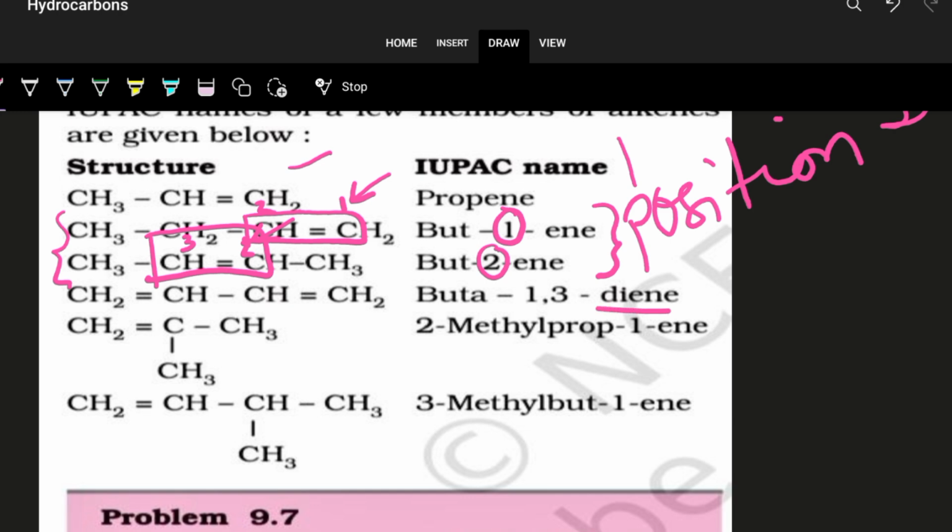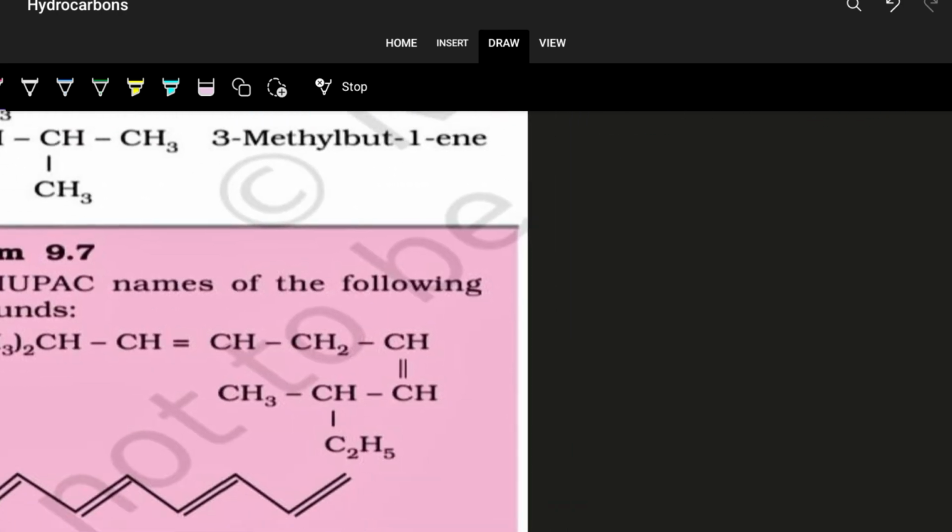Now here we can see a diene system. So now it is butane. You actually have butane if it is without any pi bond, butene if it is with a pi bond, but it is a diene. So here it will be a butadiene system. Now you have to give the numbers.